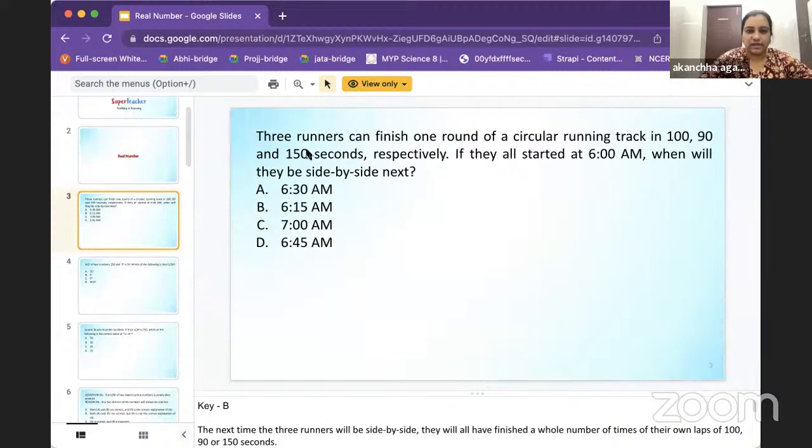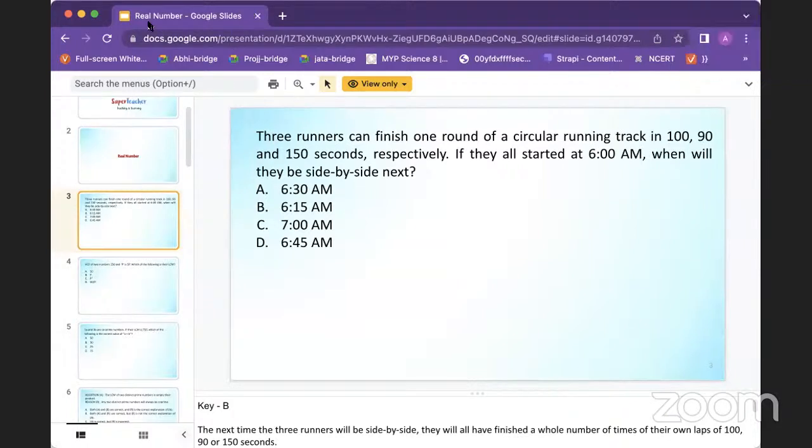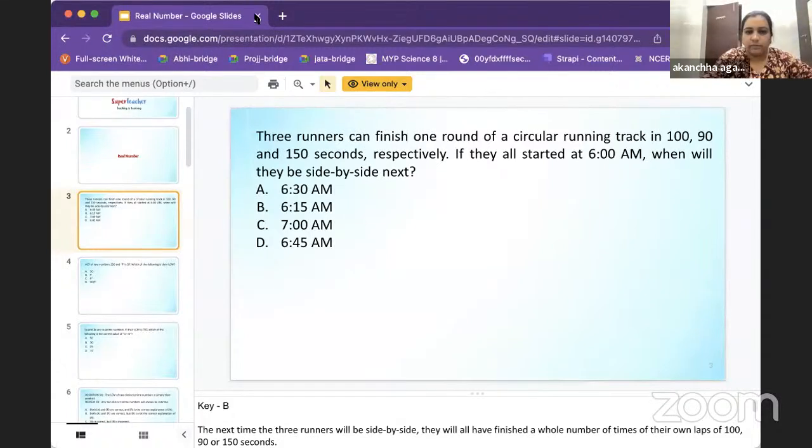And the first question says that 3 runners can finish one round of a circular running track in 100, 90, and 150 seconds respectively. If they all started at 6 a.m., when will they be side by side next?